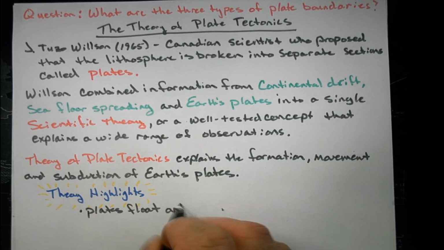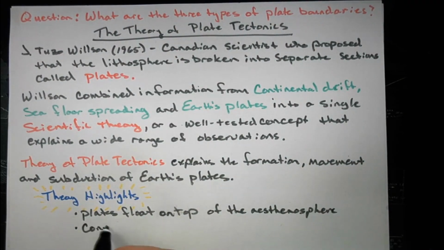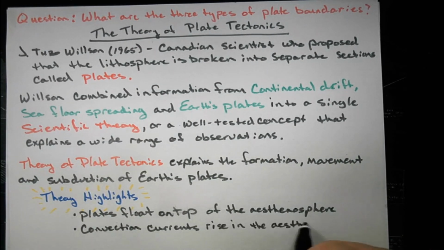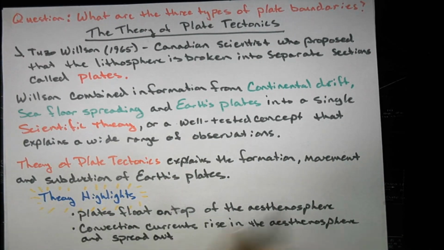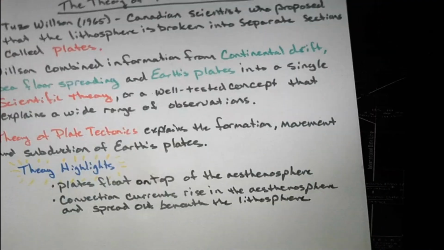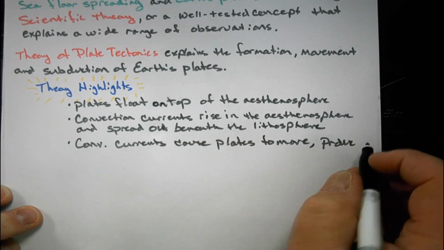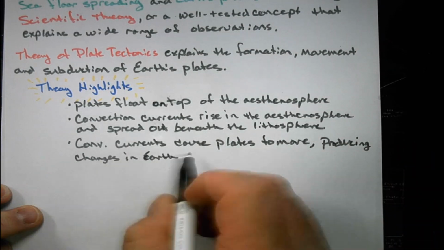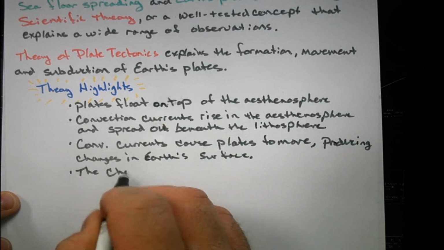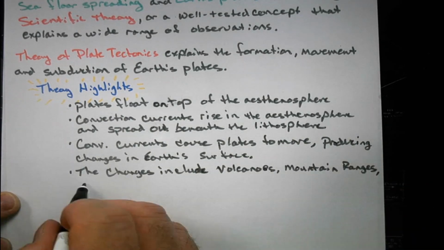The plates float on top of the asthenosphere. Convection currents rise in the asthenosphere and spread out beneath the lithosphere. The convection currents cause plates to move, producing changes in Earth's surface. And the changes in Earth's surface include volcanoes, mountain ranges, and deep ocean trenches.